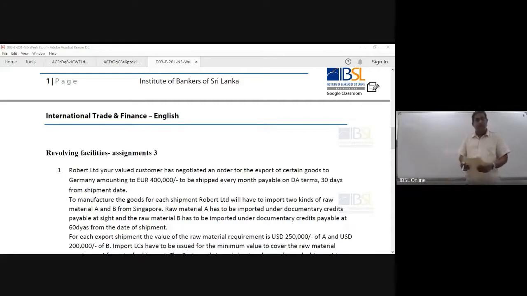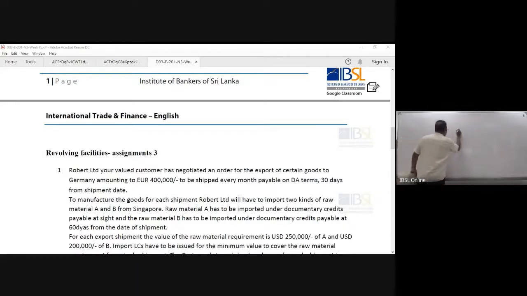Right. Now what I'm going to do is plot on the timeline what I have just read, which is the import leg, so I needn't look at the question over and over again. I will plot the timeline while explaining, see whether you can catch up with it the first time itself.